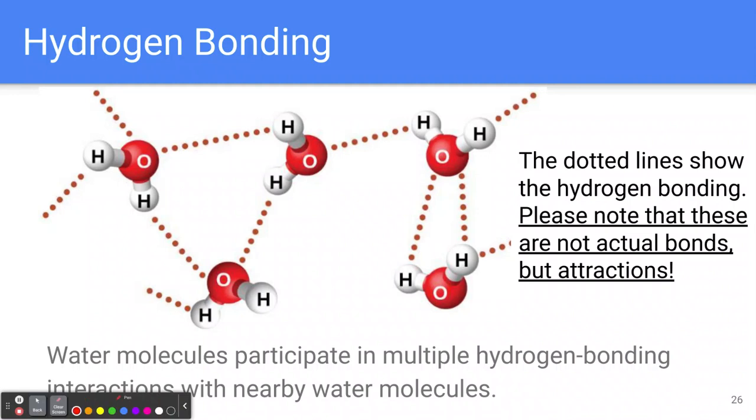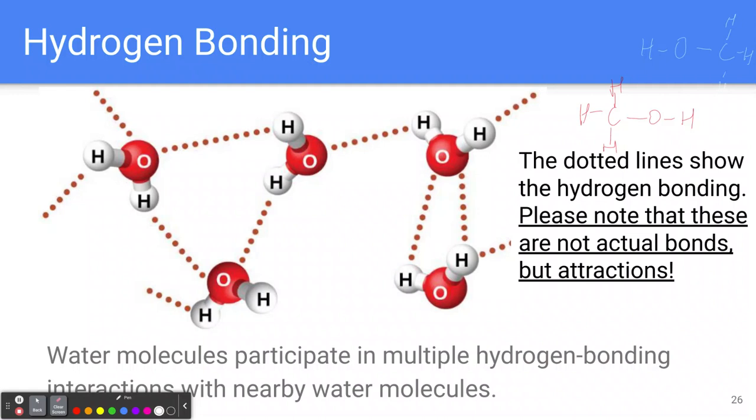Another example of a polar molecule would be something like methanol. So methanol has carbon with 3 hydrogens coming off of it. Remember that those carbons to hydrogens there are nonpolar. And then we have an O and an H. And so to show attraction, what we might do here is draw another particle with an H, an O, and then that CH3.